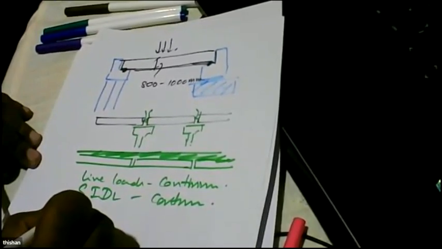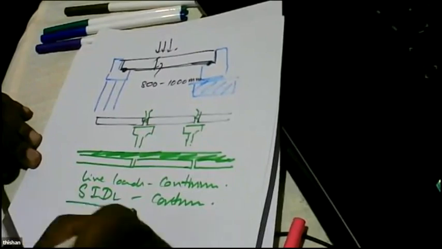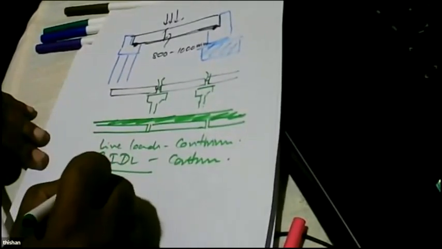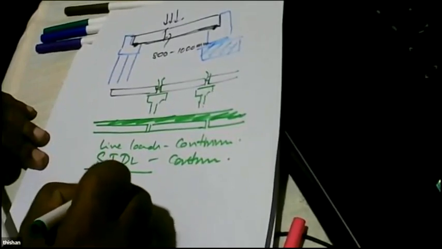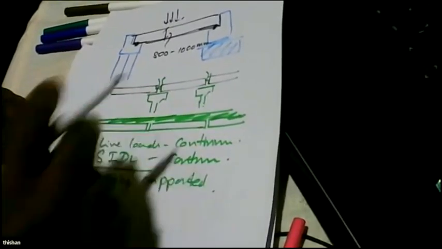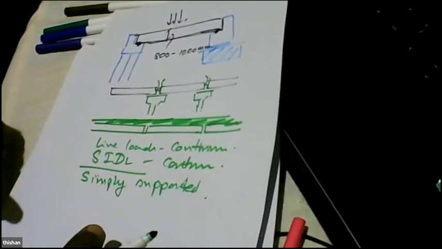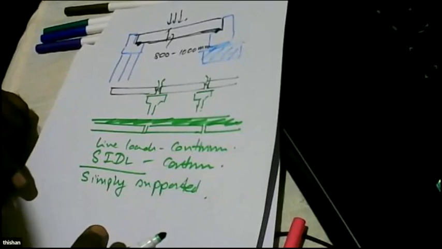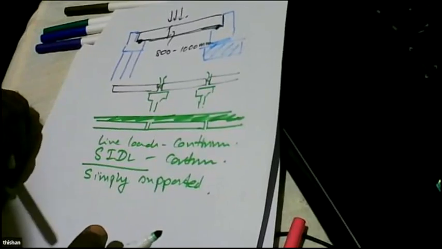All the other things, no composite action, simply supported. So this particular arrangement improved the riding quality in a big way, because although we are using precast beams, the top slab is continuous, so you don't need any expansion or contraction joints. So they found that this actually works pretty well.